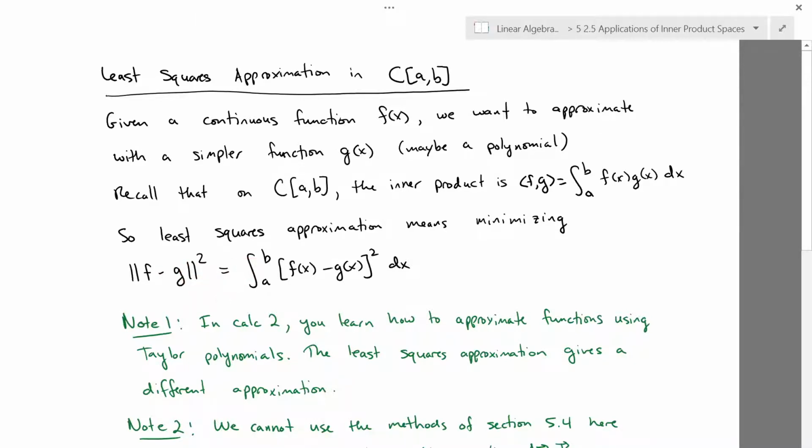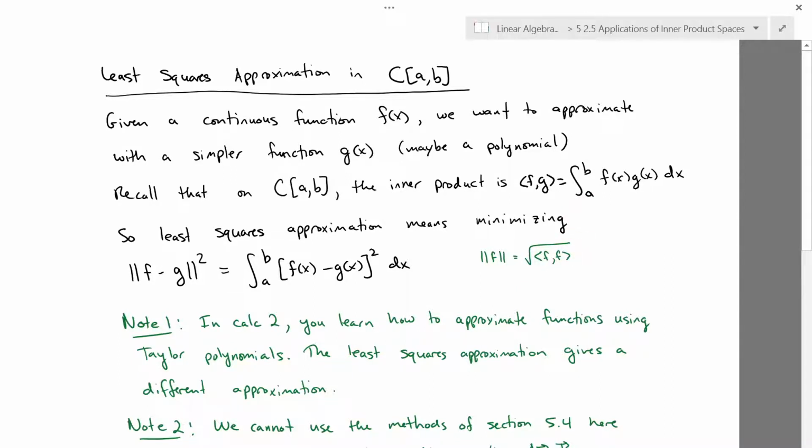So again, the norm of a function is the square root of the inner product of a function with itself, right? This is just how you calculate a norm in an inner product space.